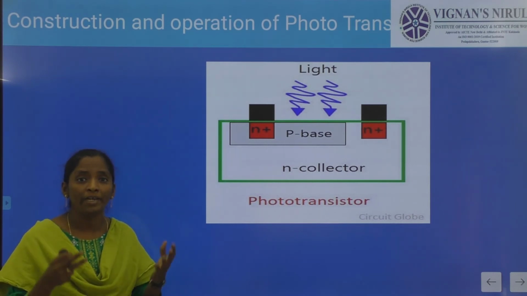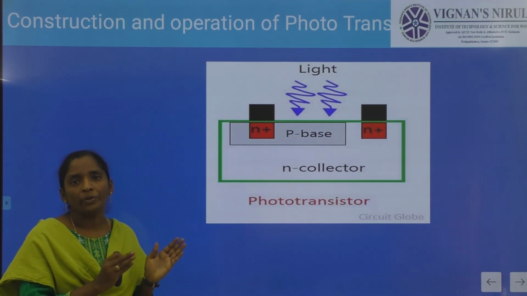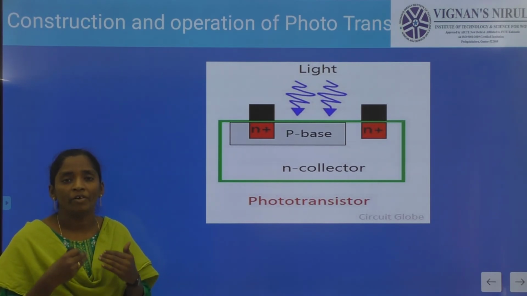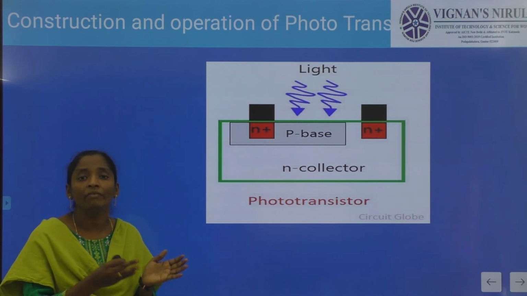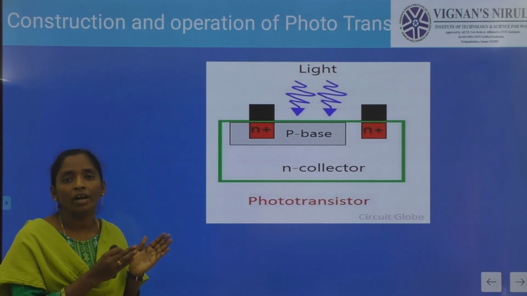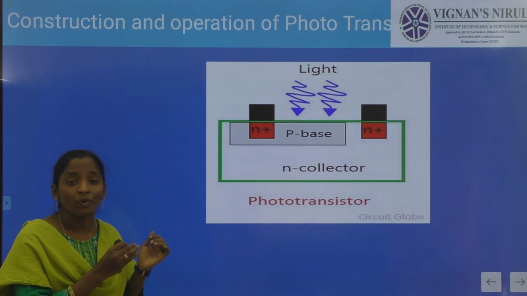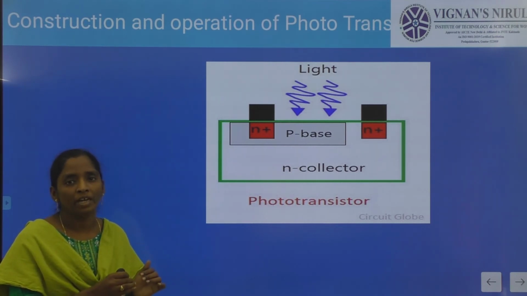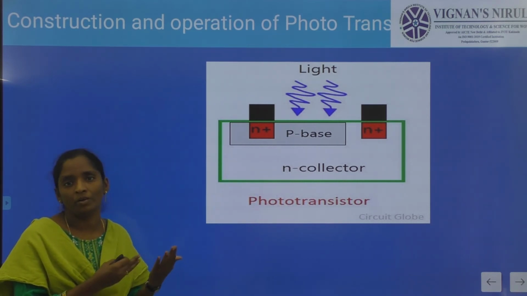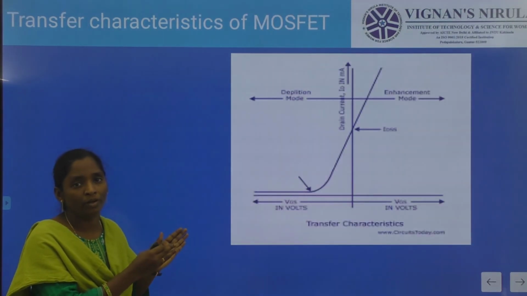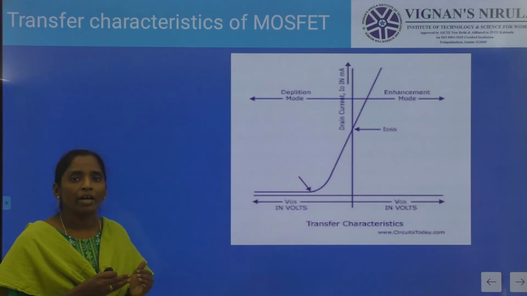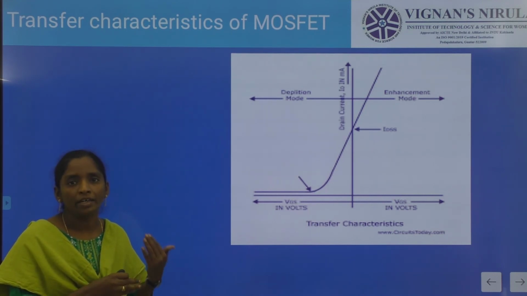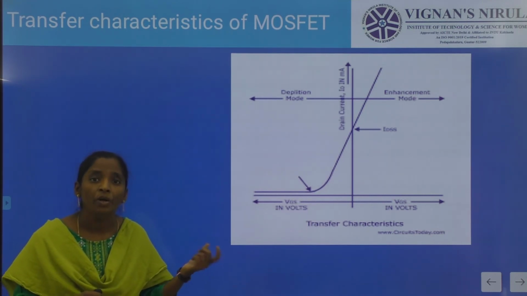That's why we apply the output of the photodiode to a transistor amplifier. We know the function of a transistor: it amplifies the strength of a weak signal. Here the current level of the photodiode is very low, so we have to amplify the output of the photodiode. That's why we connect the output of the photodiode to the transistor amplifier. The transistor amplifies the current level of the input signal and gives the output, which is sufficient to drive the control circuits.